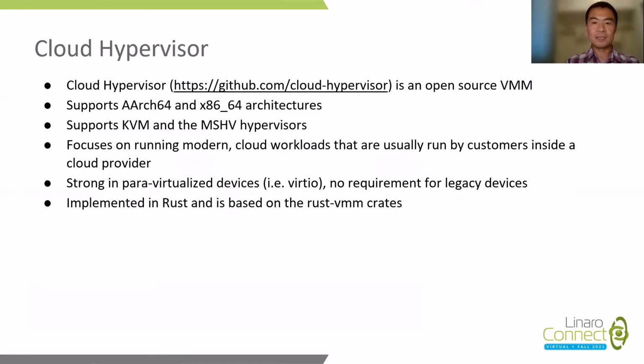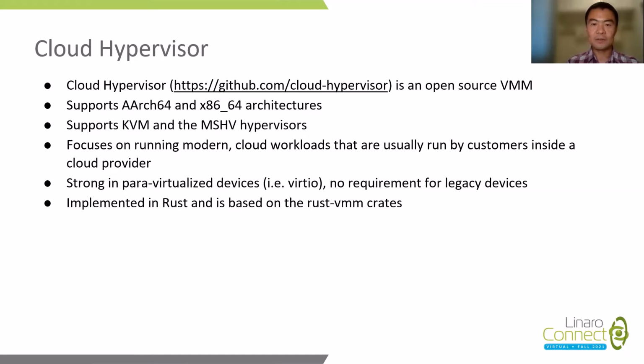Cloud Hypervisor is an open source virtual machine monitor. The project was started by Intel in 2019. The project focuses on running modern cloud workloads. It supports ARM64 and x86 architectures. For hypervisors, KVM and Microsoft Hyper-V are supported.